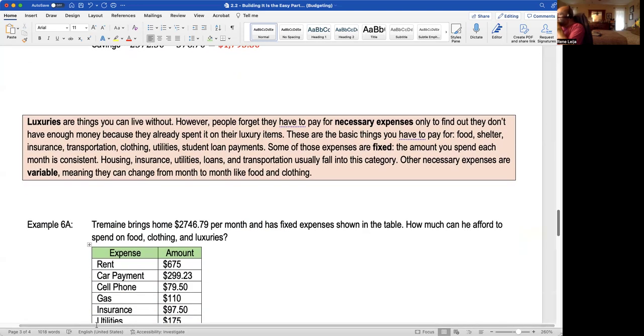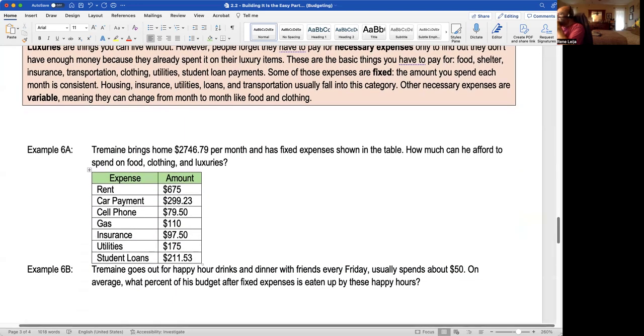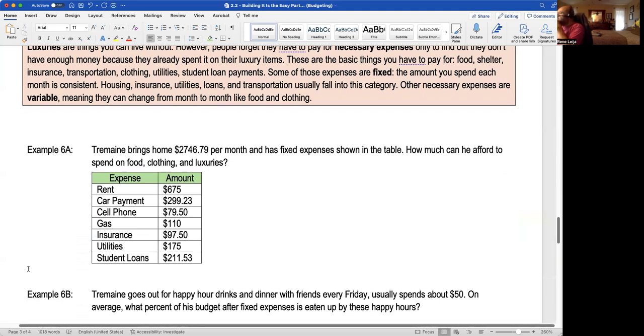Okay. All right. So it says Tremaine brings home $2,746.79 per month and has fixed expenses shown in the table. How much can he afford to spend on food, clothing, and luxuries? All right.